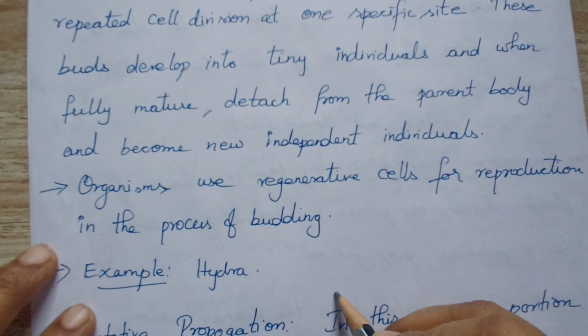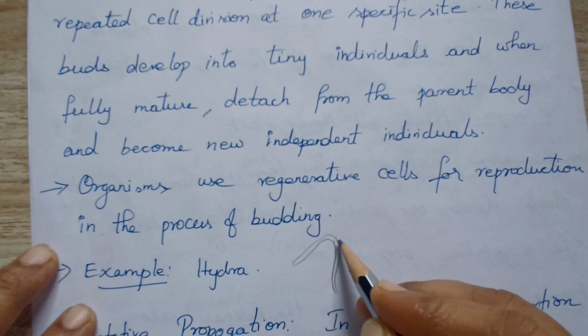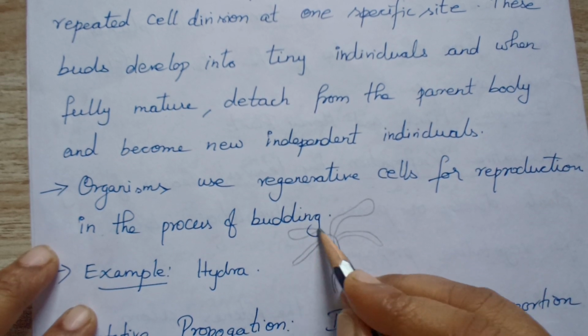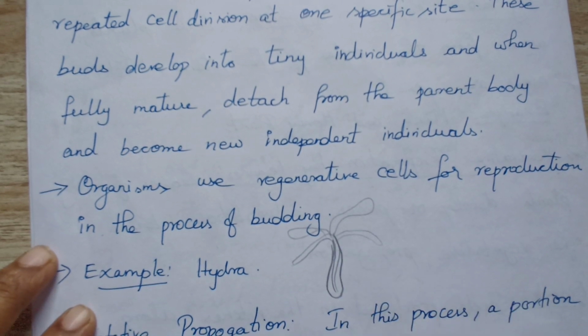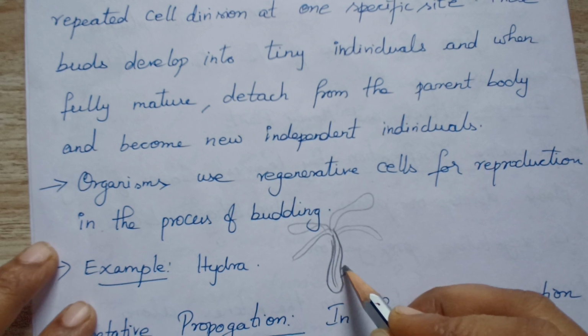So hydra, usually when you look at it through the microscope, it is a sea creature. It will be like this. These are tentacles. So somewhat it will be like this, hydra. Okay, so some outgrowth at a specific place, for example here.